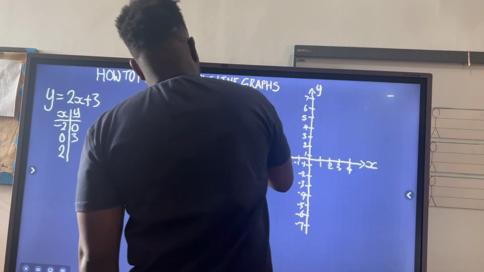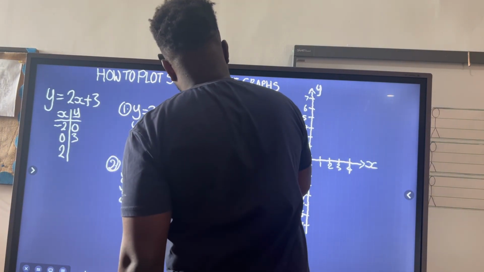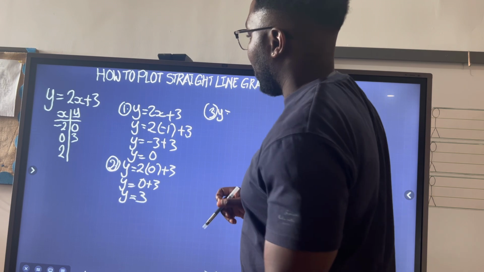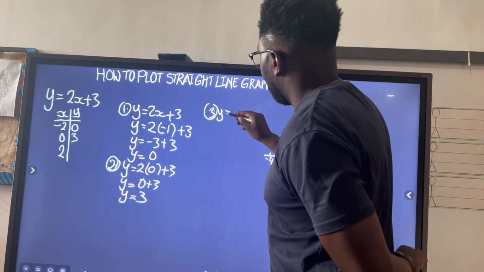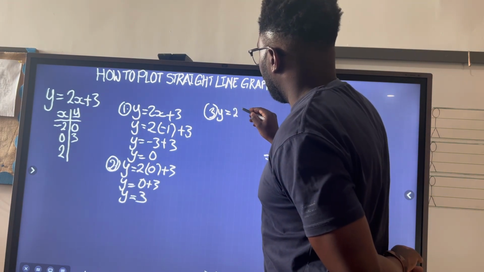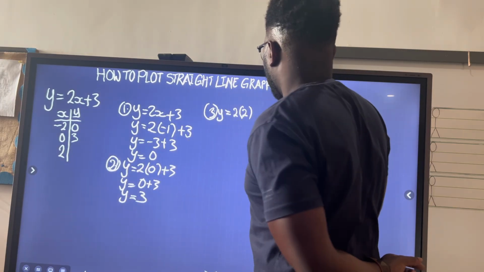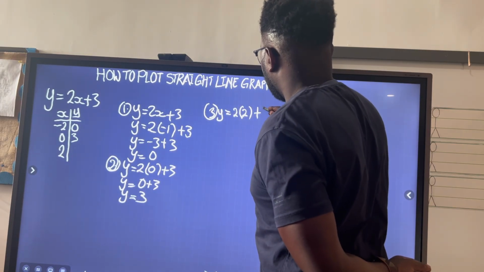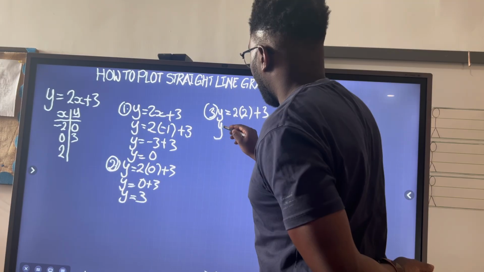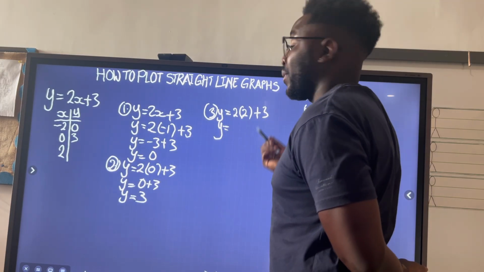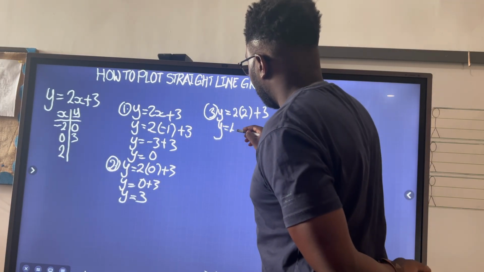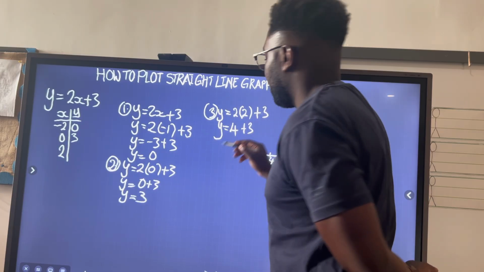Okay, so let's find our last y value. That would be 2 times 2, substituting my last x value, plus 3. So y will be equal to 2 multiplied by 2, which gives me 4, plus 3.